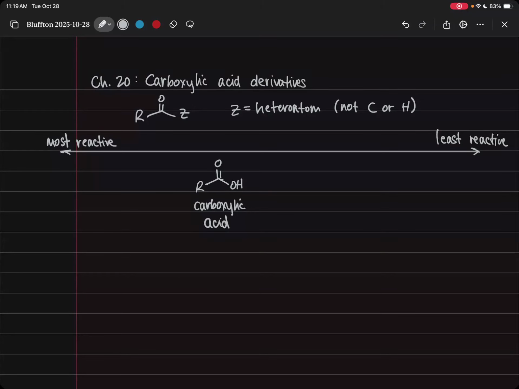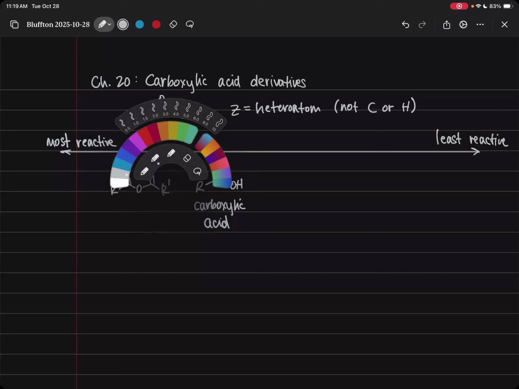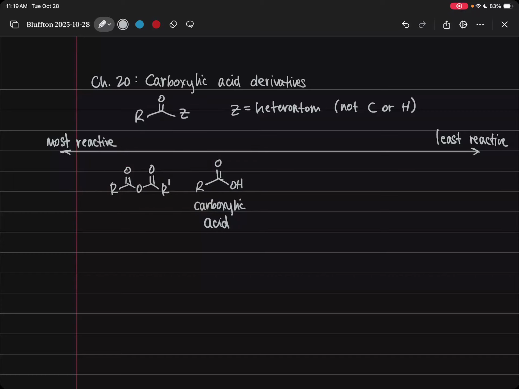Let's go to the left first. The next most reactive is this functional group, which kind of looks like 2 carboxylic acids stuck together. And this is an acid anhydride.